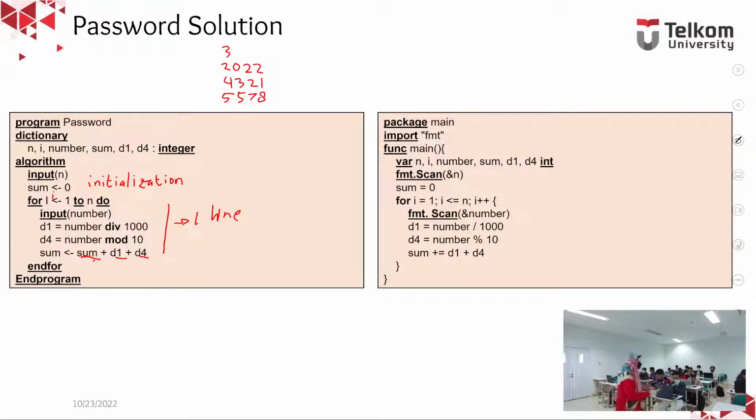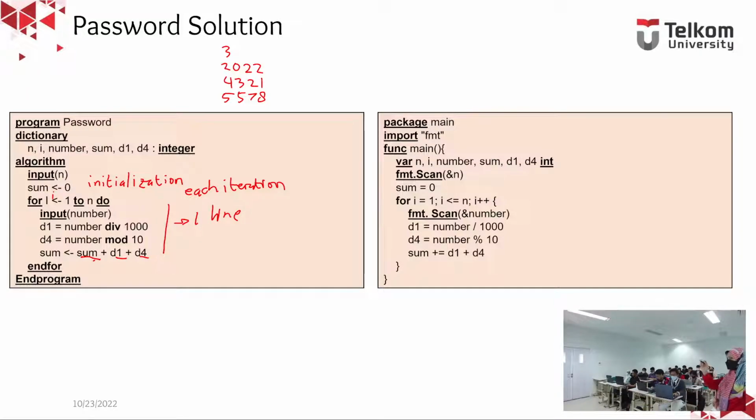Write down the result of each iteration. For example, if the input is like this, write down each iteration. You will learn how the computer processes this algorithm.